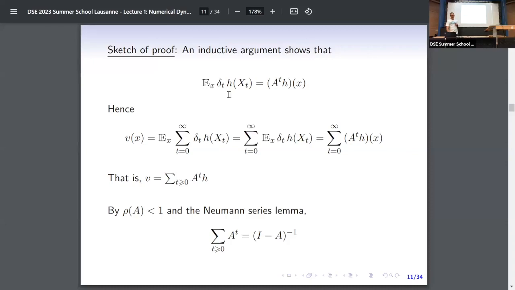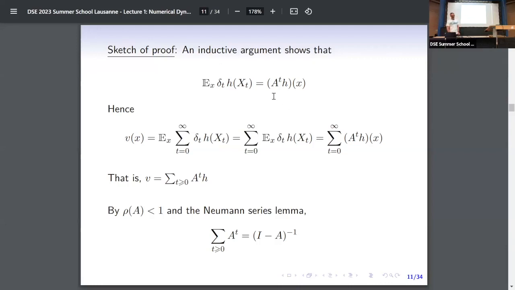And if you want to convince yourself of that, you can start off with t equals 1. You write down both sides of that expression, and they're exactly the same thing. And then you just do induction. So hopefully you'll allow me to just work with this, go on from this step.